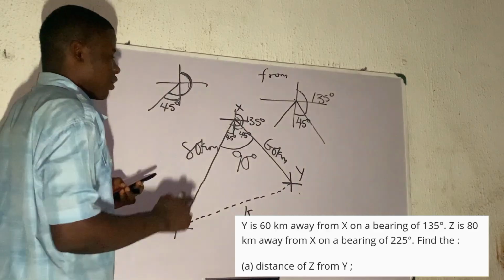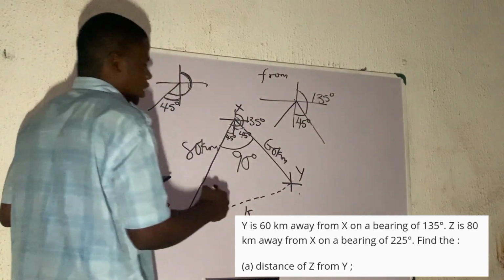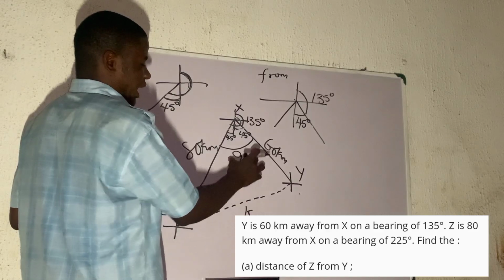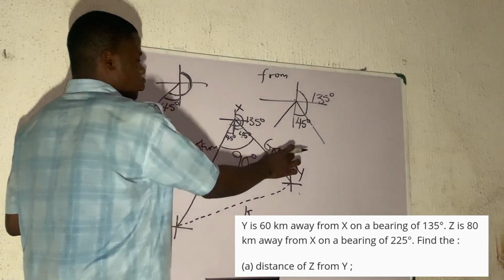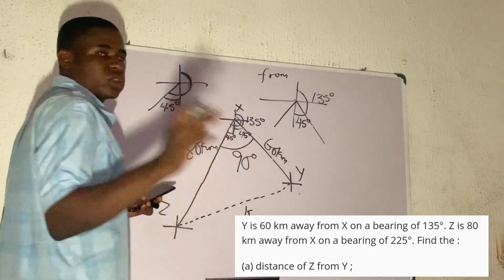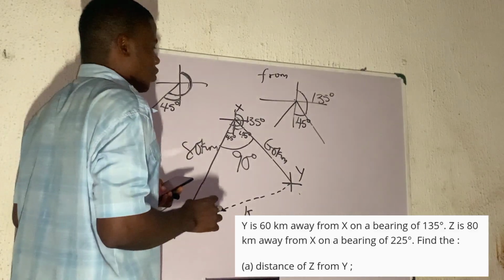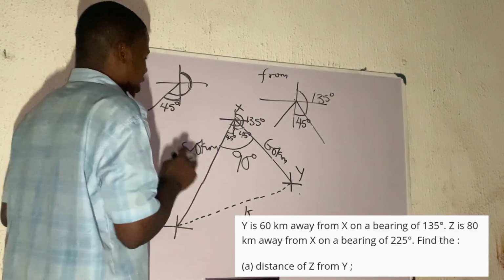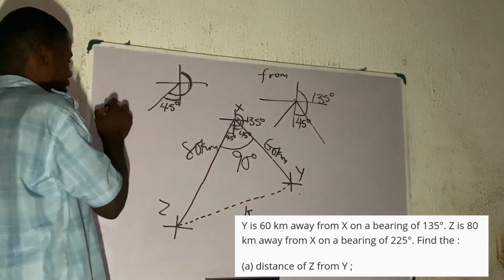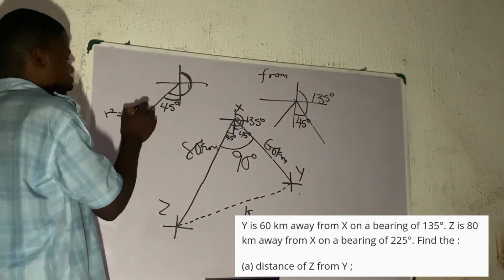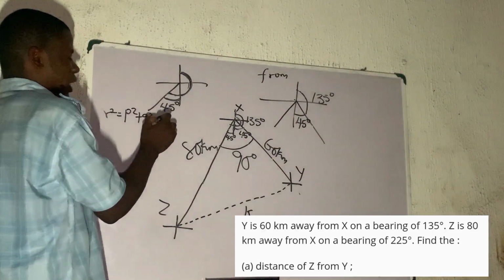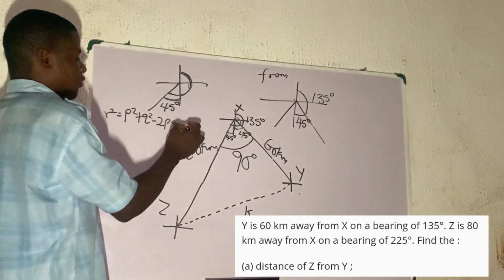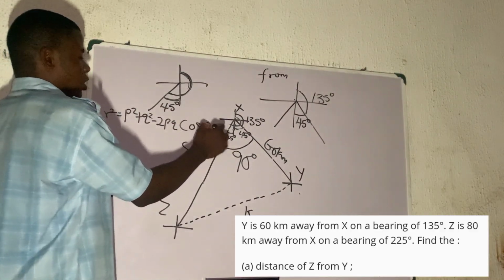Now, don't forget what they asked us. They asked us to find the value of Z from Y. And whenever you have an angle that is what we are looking for, and the angle facing it, and they gave the two sides beside it, just know that the cosine rule will apply. So if we employ the cosine rule here, don't forget that the cosine rule formula is r squared is equal to p squared plus q squared minus 2pq cos of the angle facing the r that we are looking for, cos big R. Does it make sense?